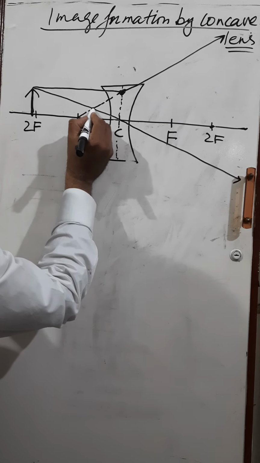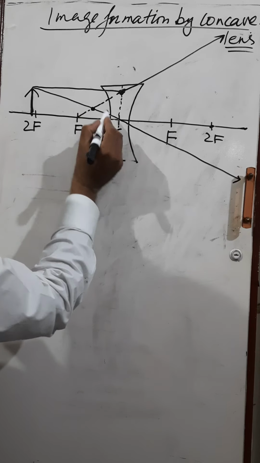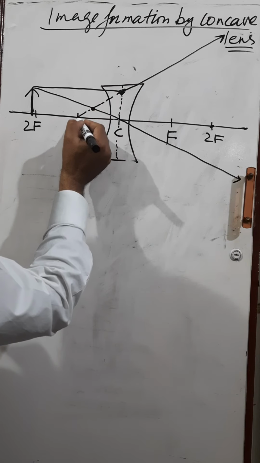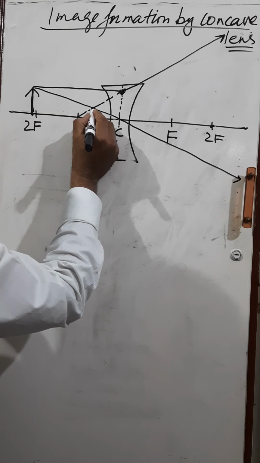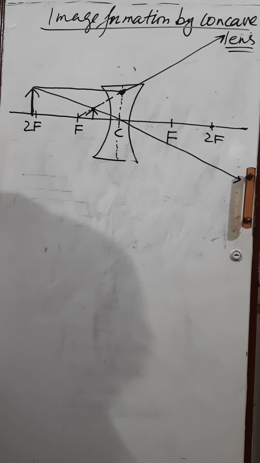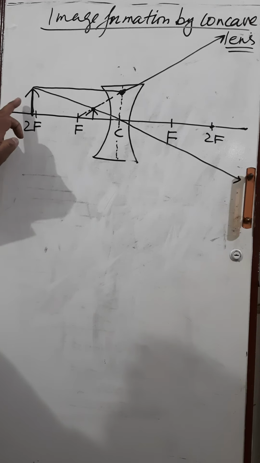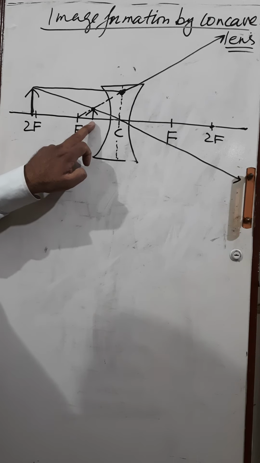Now the point of intersection where the ray and the produced dotted line intersect each other, here is the image formed by the concave lens. This is object and this is image.